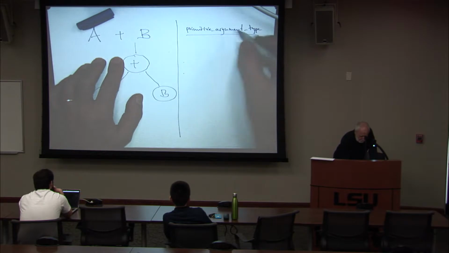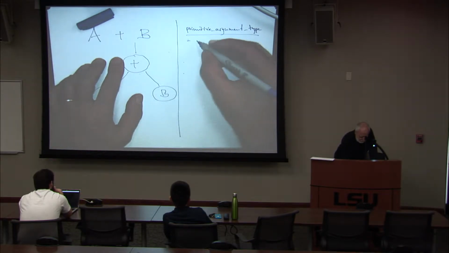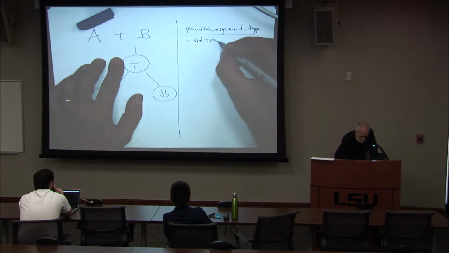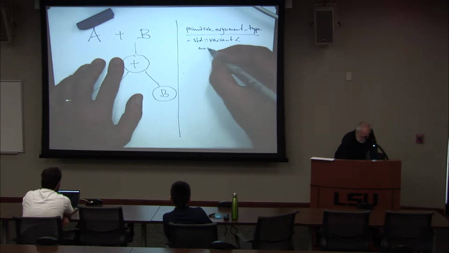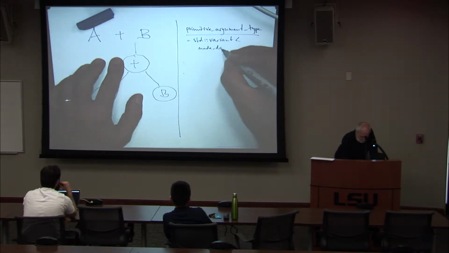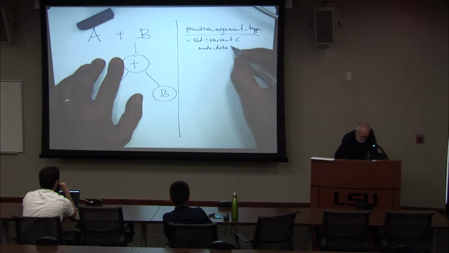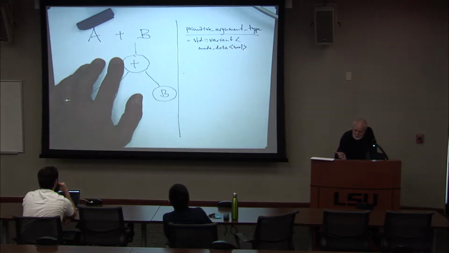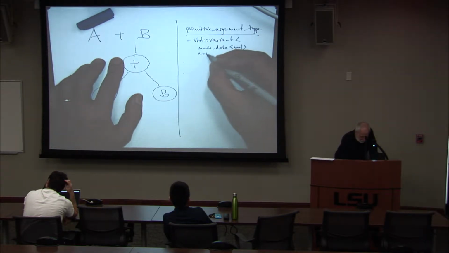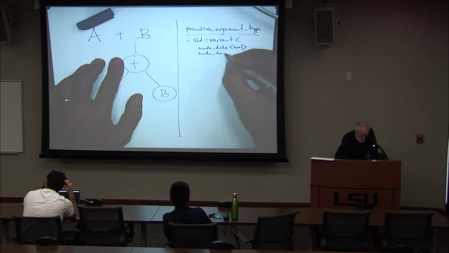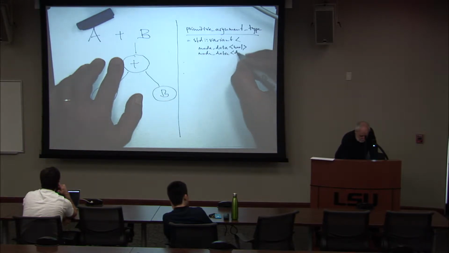So you can think of a primitive argument type as a std::variant of either a node data, and I call it bool here. I will say a word about that bool in a second. Or a node data, and I will say a word about node data in a second as well.